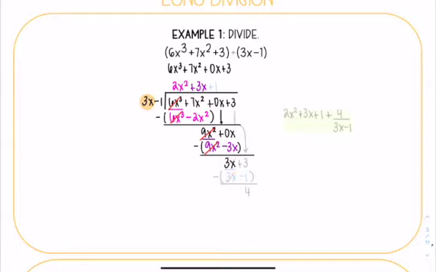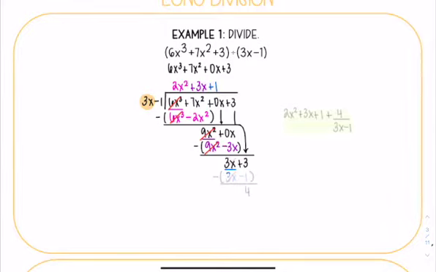And the last thing we can do is bring down the next term, which is a 3. And we do this process one more time. 3x times what gives me 3x? Well, 3x times 1 gives me 3x.